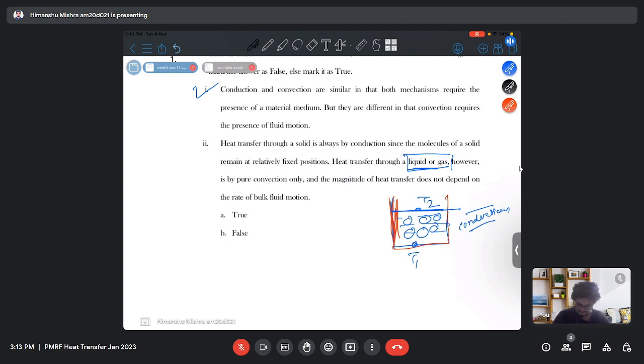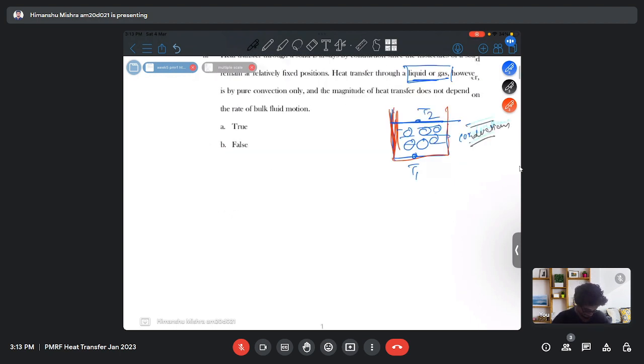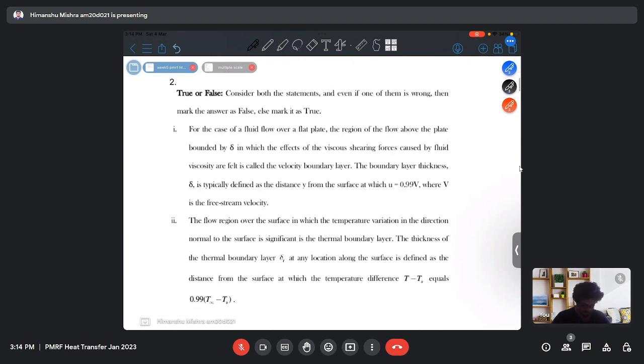So let's move to the next question. In the next question, again it's true and false. The statement says that for a fluid flow over a flat plate, the region of flow above the plate bounded by delta, in which the effect of the viscous shearing force caused by fluid viscosity is felt, is called the velocity boundary layer.